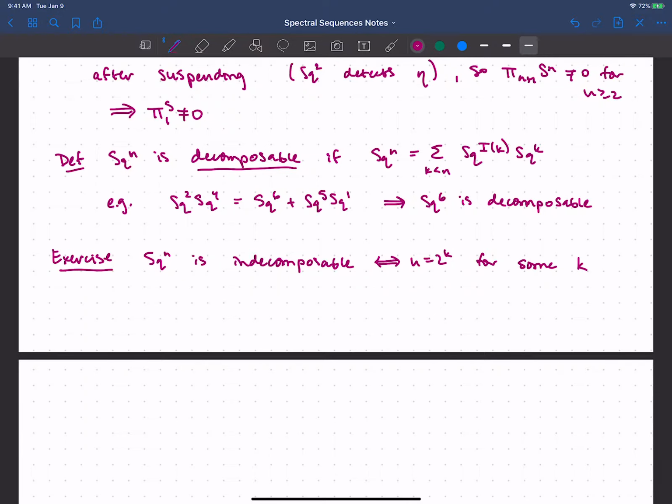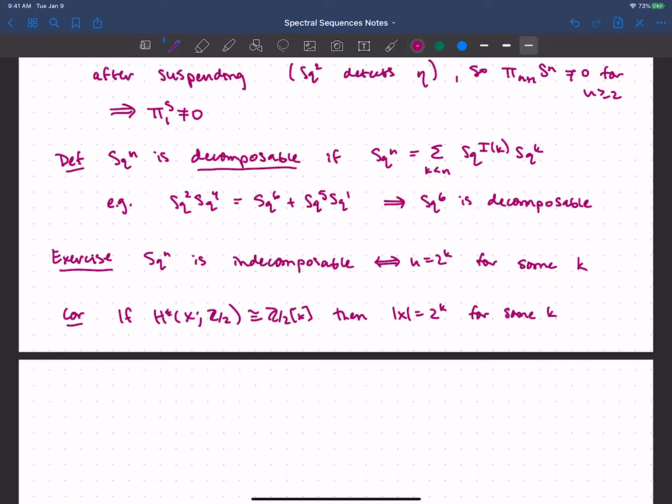Okay, and then the nice corollary to round this out is that if you look at the cohomology of some space in mod 2 coefficients, and you see that it's just polynomial on one generator, then of course RP infinity is an example here, but what we can learn is that the degree of this generator had better be 2 to the k for some k.